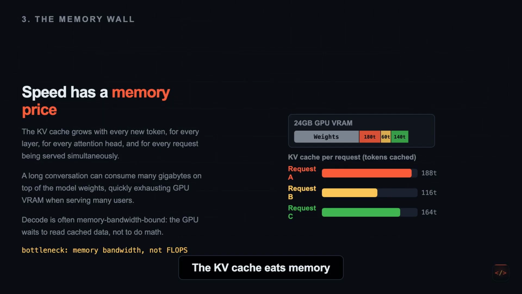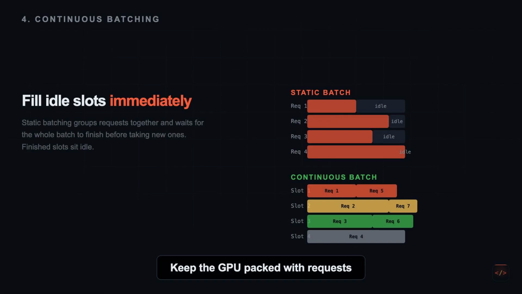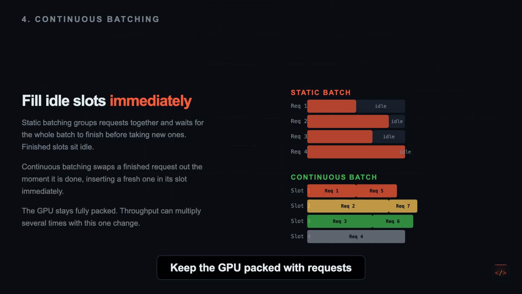This is why context length is expensive and why a GPU runs out of room serving many users. It also reveals something surprising. Decode is usually limited not by compute but by memory bandwidth, the speed of shuttling all that cache data in and out. The GPU often sits waiting on memory, not the actual math.